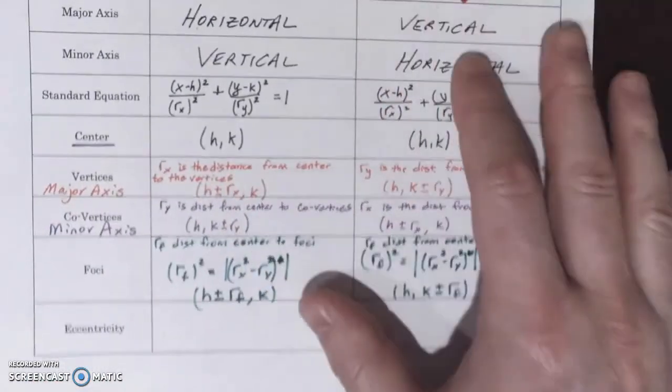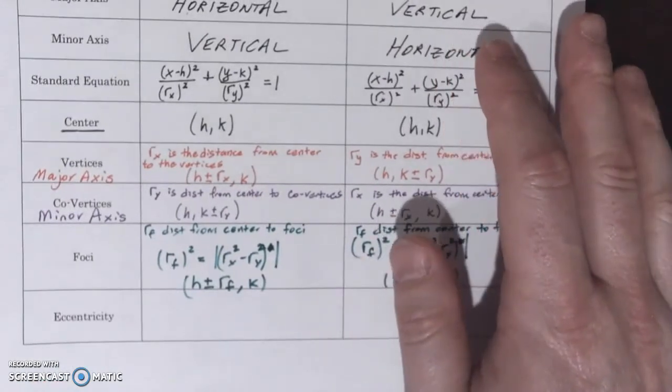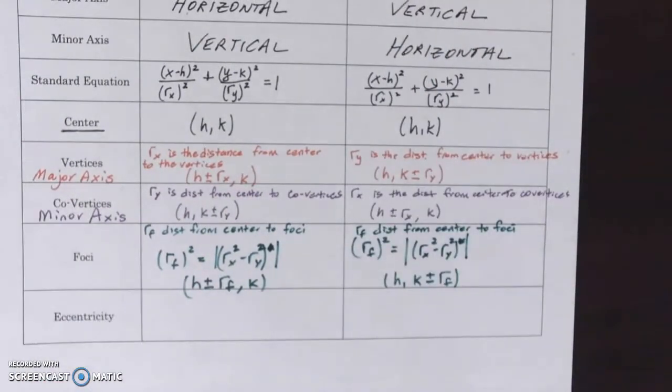Lastly, we'll talk about eccentricity, and all of the vocabulary about ellipses will be done at this point. The eccentricity is really how squished is this oval, or this ellipse. How squished is it? Is it fairly wide, or is it really, really narrow? And the way we determine that is with a little ratio.